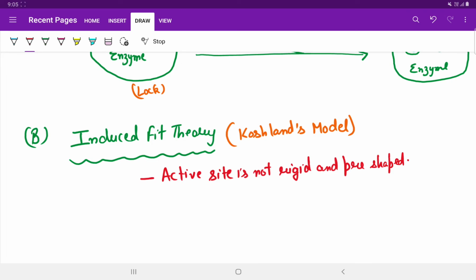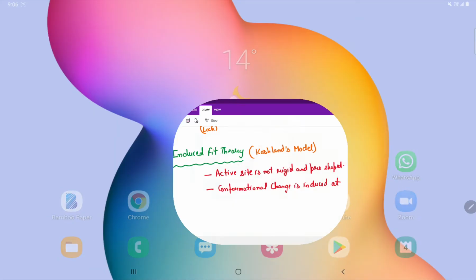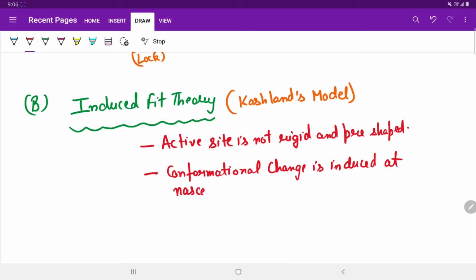So the interaction of the substrate with the enzyme induces a fit, or a conformational change in the enzyme, at the nascent active site that results in the formation of a strong substrate binding site.